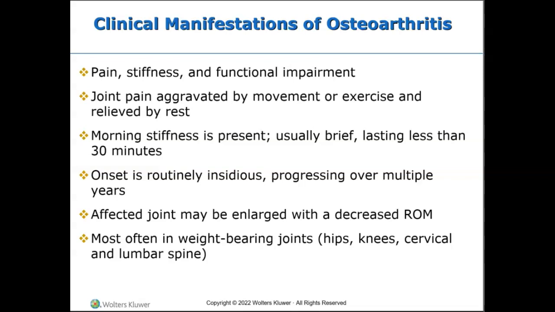Onset is routinely insidious, progressing over multiple years. The affected joint may be enlarged with decreased range of motion. Most often in the weight-bearing joints, like your hips or knees, or even your spine, right? Your cervical and lumbar spine we see quite frequently.